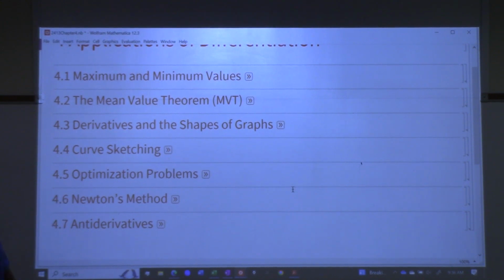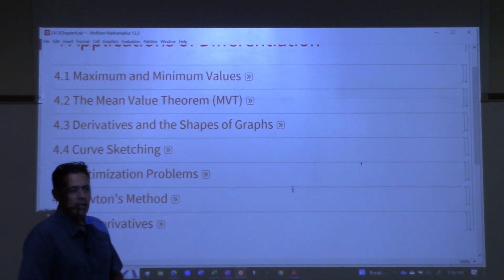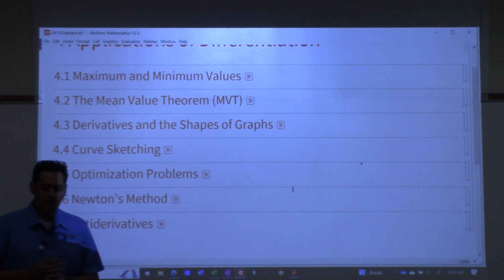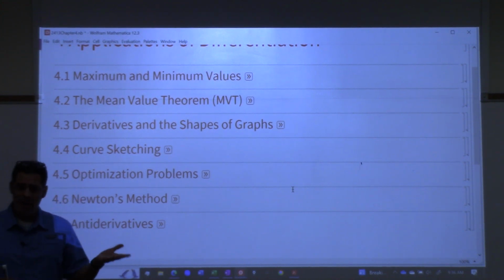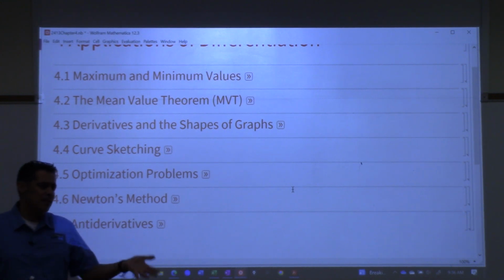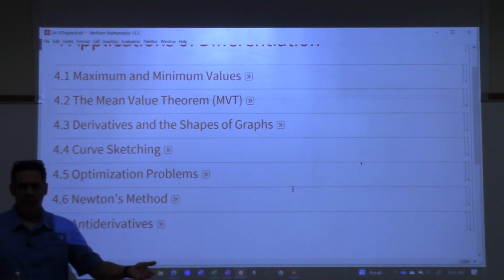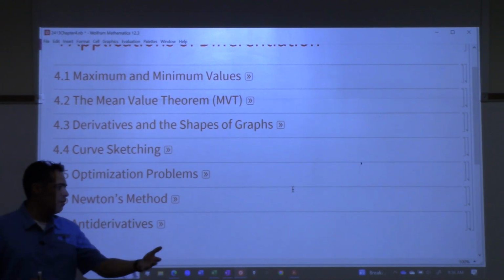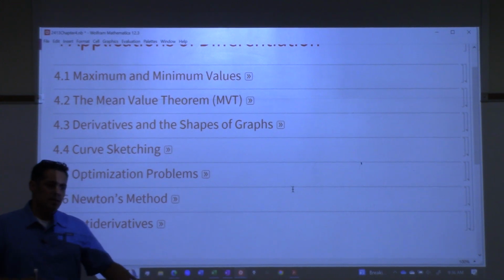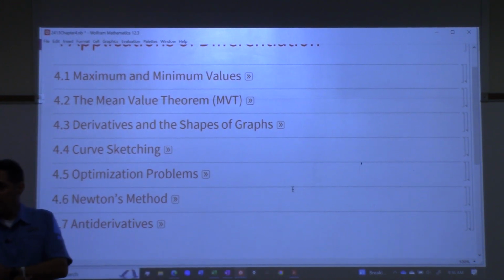And then now we're going to do 4.7, antiderivatives. So if you look at what Cal 1, right, Calculus 1 is called differential calculus, the entire idea in Cal 1 is that we're taking derivatives or somehow applying the idea of a derivative, right? That's differentiation, so we call it differential calculus. There's a transition now into Cal 2, and that's where we are right now.